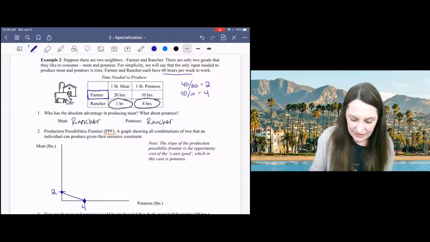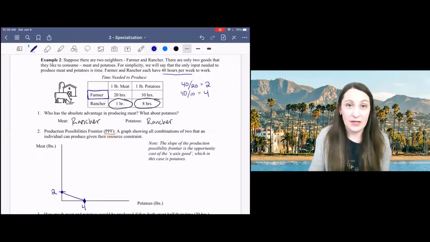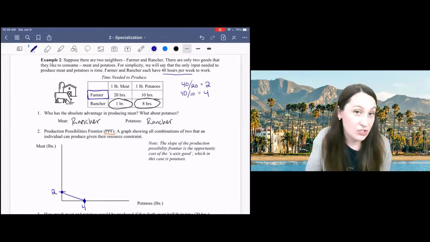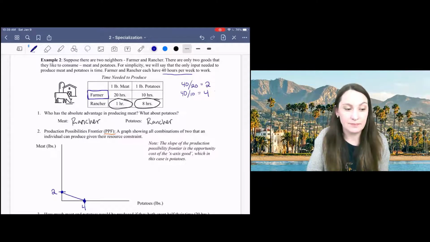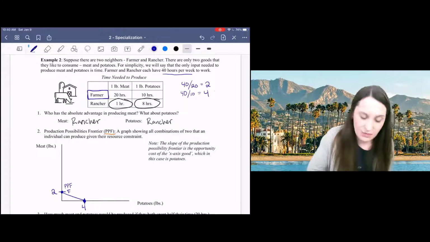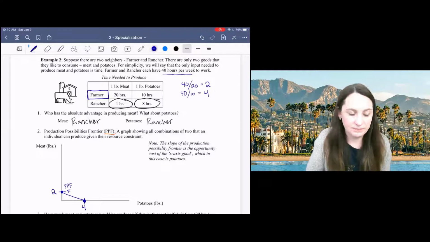And you can see that other points along the production possibility frontier include 1 pound of meat and 2 pounds of potatoes. But there are infinite combinations of meat and potatoes that the farmer can produce in 40 hours. So this line represents the farmer's production possibility frontier.